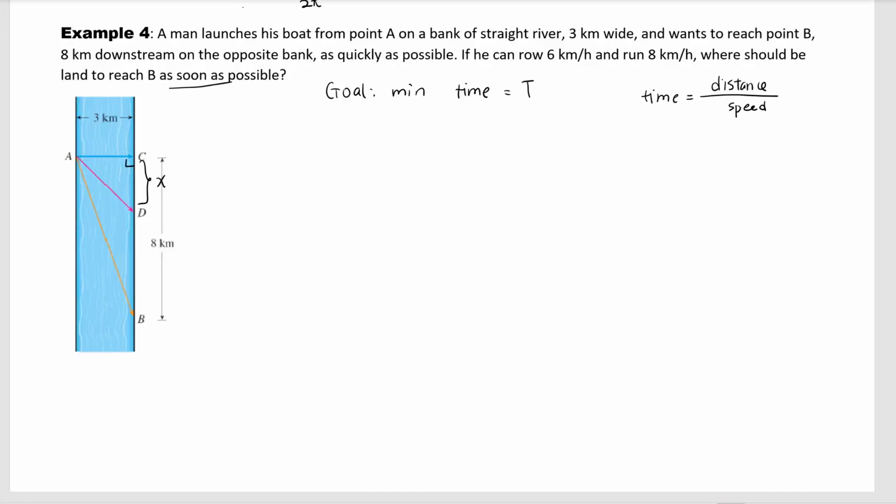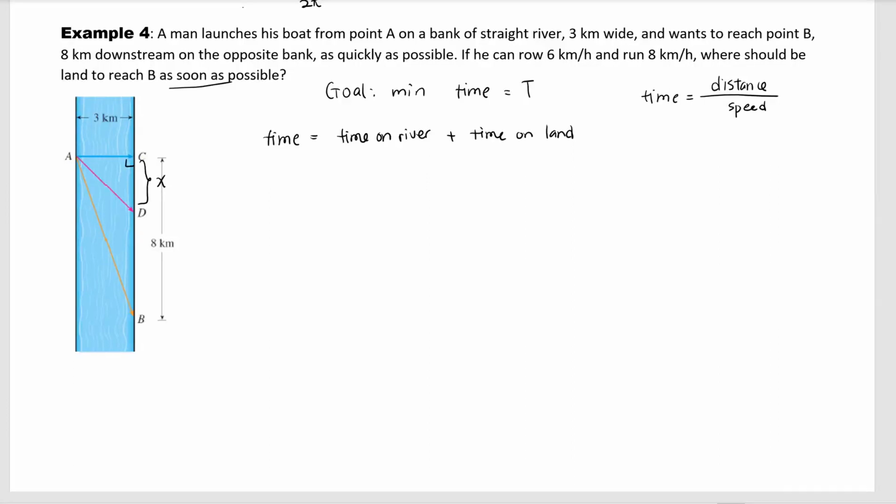We know time is distance over speed. We know the speed: the person can row 6 kilometers per hour and run 8 kilometers per hour. So time is the time on the river plus the time on the land.